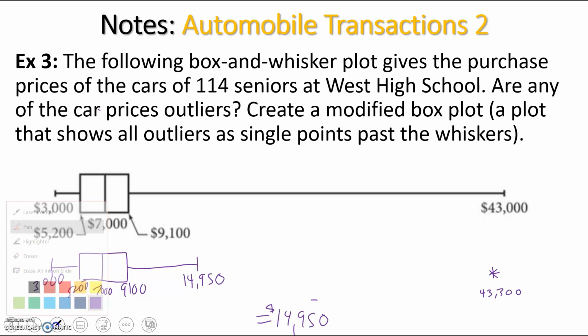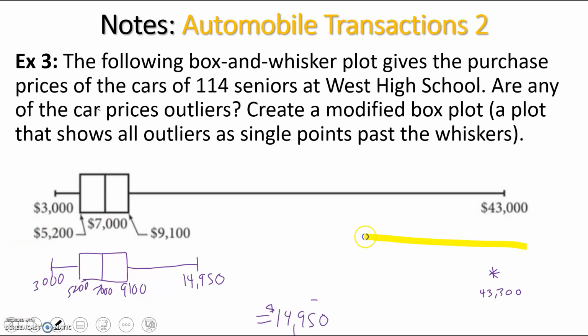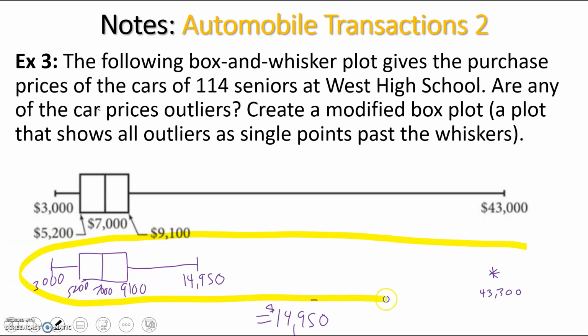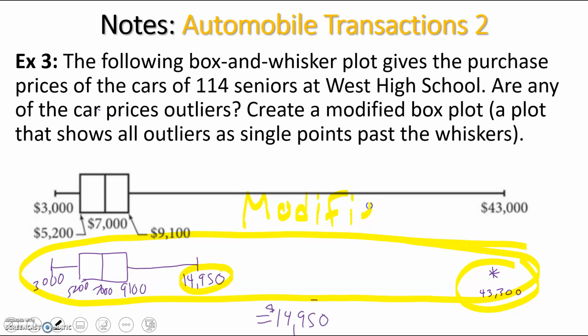And then this here is our modified box plot. And you'll notice that it has the same values, same quartiles, same minimum. The only thing that changes is we have this new maximum, and then the old maximum becomes this kind of asterisk, this single point past the whisker. And there we go, modified box plot.